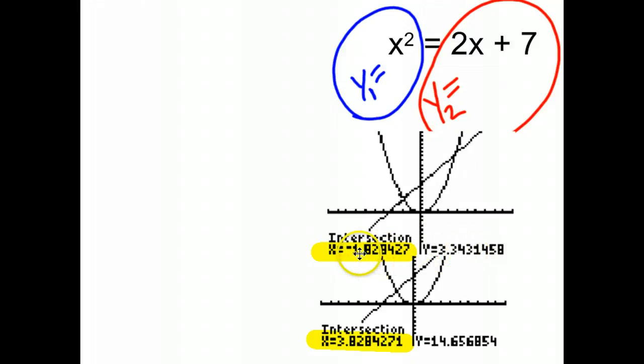If I were to take this solution of -1.828 and plug it into the right side, guess what I would get? The same y value. That's the significance of y. If we plugged in this x value, we would end up with 3.343 equals 3.343, an obviously true statement. So that is how we use Calc Intersect.